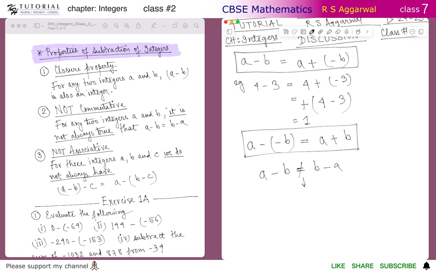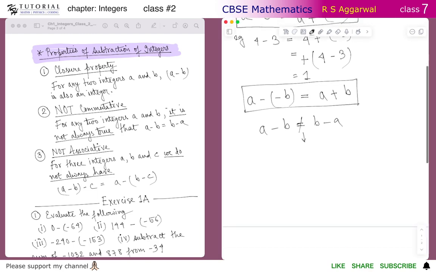Also, it is not associative, meaning for any three integers a, b and c, a minus b minus c will not always be equal to a minus b minus c with different grouping.